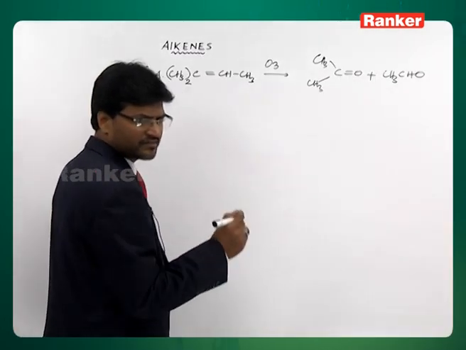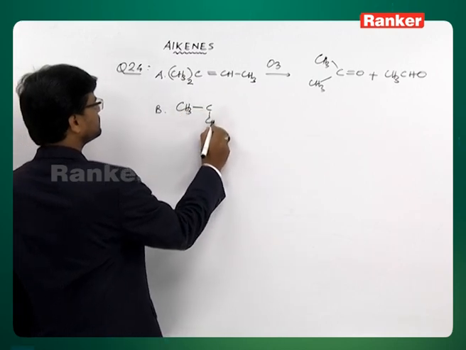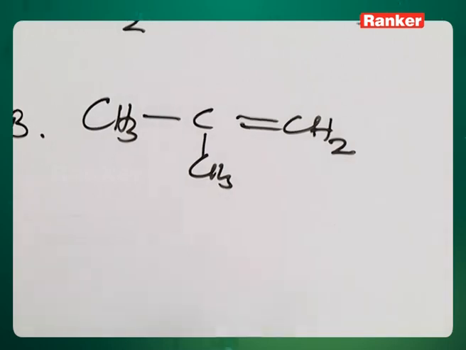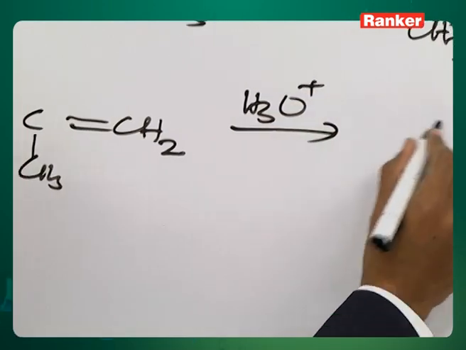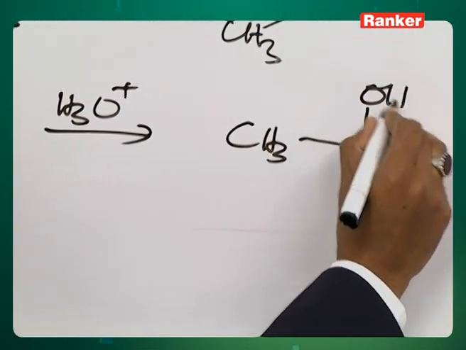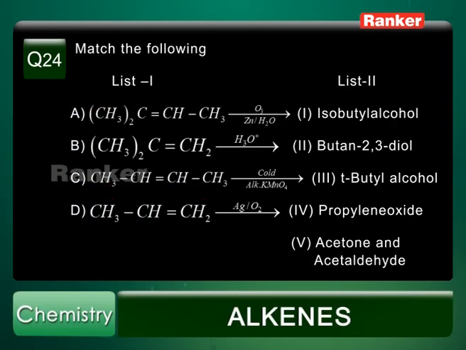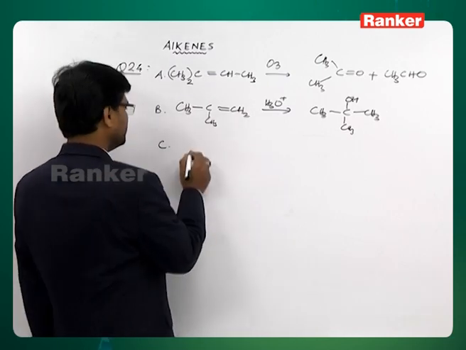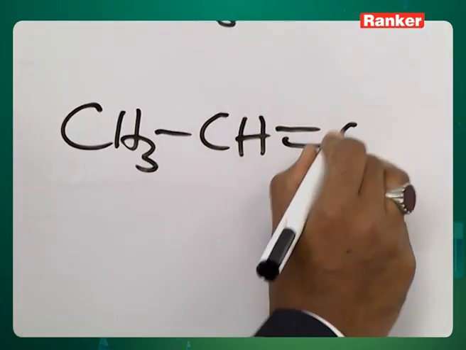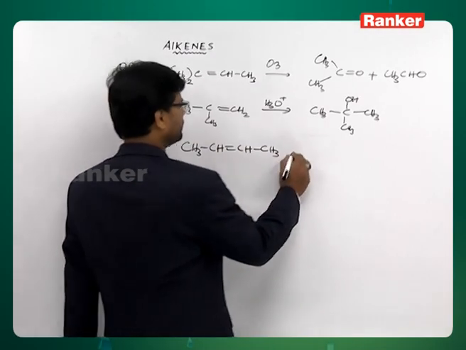Then next reaction is hydration reaction. This is isobutylene and it is subjected to hydration. You get this. This is tertiary butyl alcohol. So, B should be matched with 3. Then reaction C has butene which is being treated with cold alkaline KMnO4.